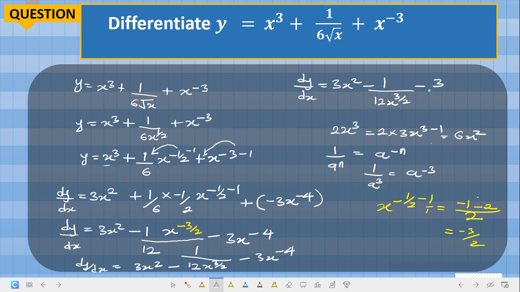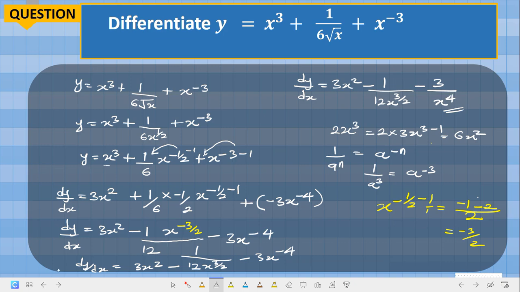So we have 3 divided by, if this one comes down, what will it become? It becomes x raised to the power of 4. And this is the final answer to this question. 3x squared minus 1 over 12 x raised to the power of 3 over 2 minus 3 all over x raised to the power of what? 4. That's the correct answer to that question.